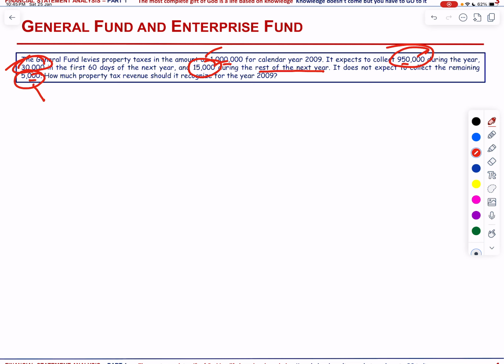So the total revenue recognized in 2009 is the revenue from 2009 collection, that is 950,000, plus revenue from collections within 60 days of 2010, that is 30,000. So the total property tax revenue recognized for 2009 is 980,000. So the general fund should recognize 980,000 as property tax revenue for the year 2009.